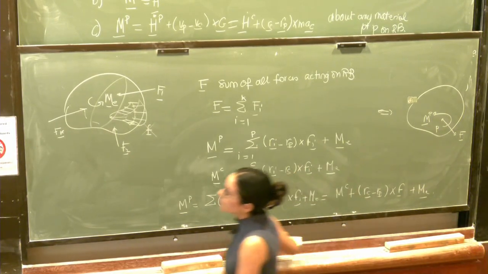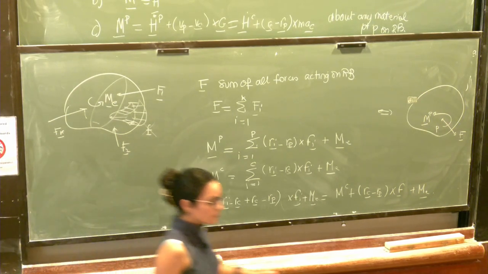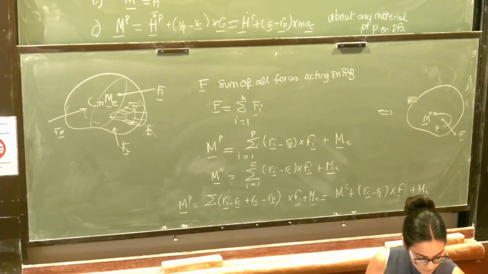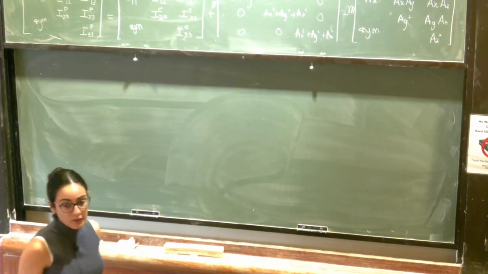So I'm erasing the board here. I want to show that these A, B, and C forms of the balance of angular momentum are equivalent.